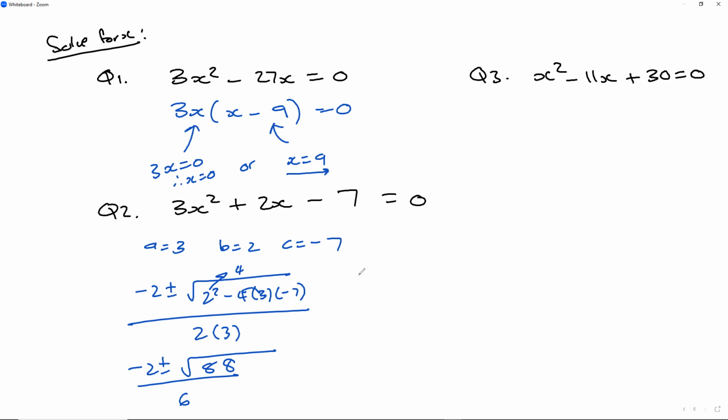And that'll give me two answers over there. Negative 2 plus root 88. So we grab a calculator and put in your fraction button. Then go negative 2 plus minus. Do plus first. Press the square root button, 88, denominator 6. You'll get 1.23.